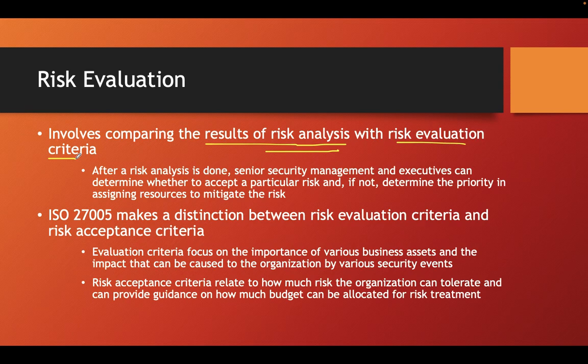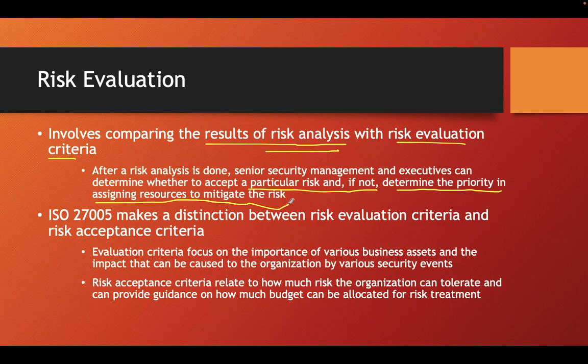So they have to meet to ascertain what to do, what type of risk it is, is it serious, how is it going to derail the organization's security objectives. If not accepted, they have to determine the priority: is it worth putting the organization's resources on, or can it wait? So they have to ascertain this.